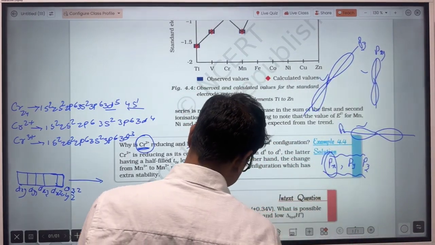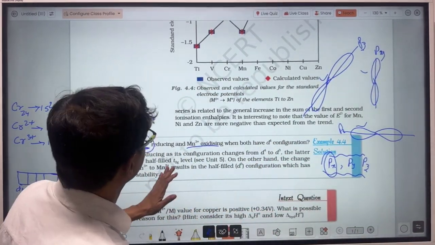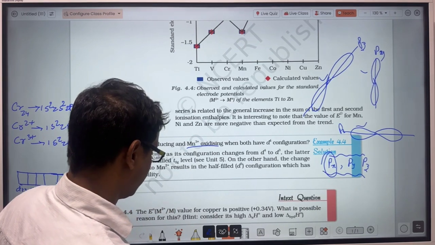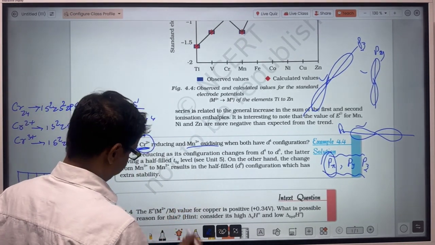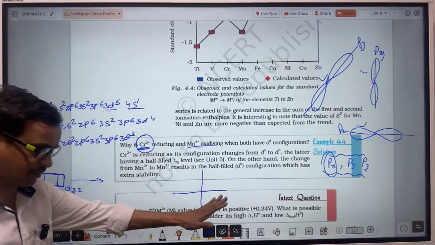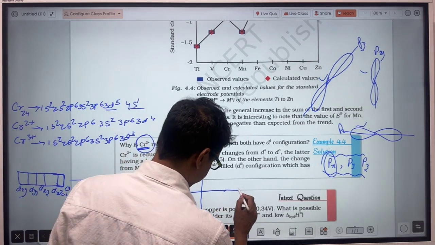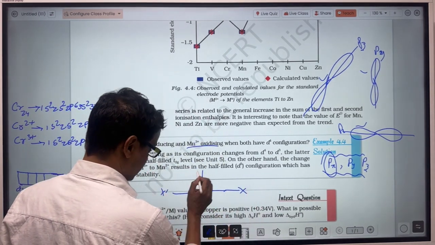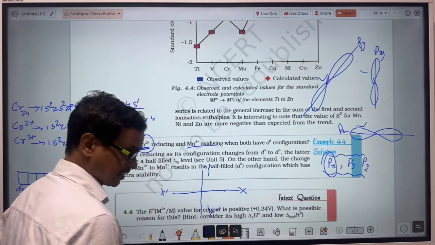So the energy of all these three orbitals will be the same, but their orientation, meaning direction, is different. In the same way, let me tell you dxy, dyz and dxz. I have drawn a small diagram here with the x-axis, x dash, y-axis and y dash.